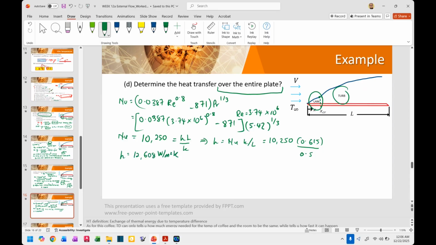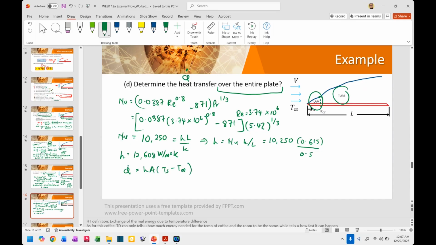Now, we do not stop there, right? Of course, we have to solve for Q dot. So your Q dot convection is HA times Ts minus T infinity. Now this time around, you can use the entire plate's area, meaning the laminar plus turbulent regimes plate area.